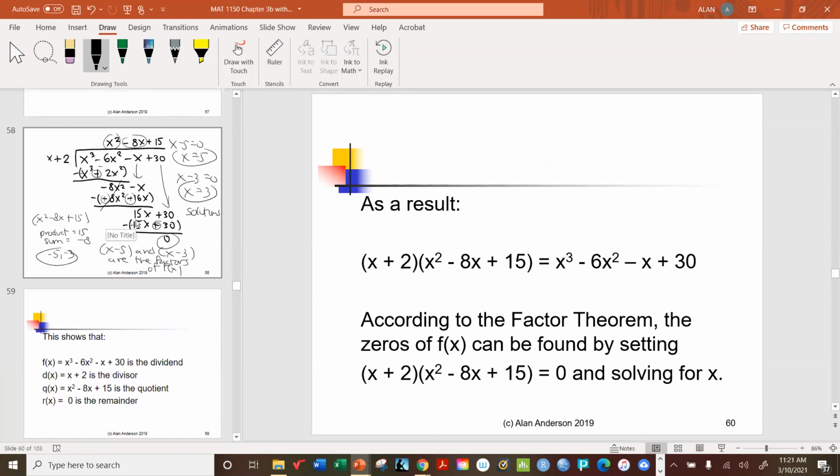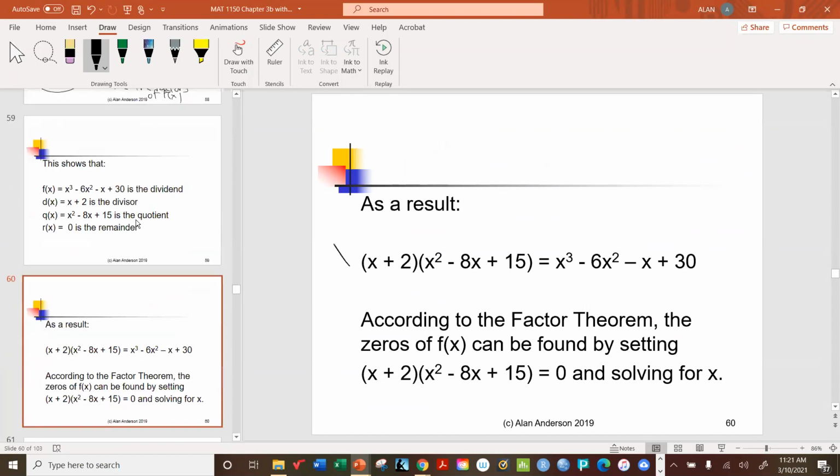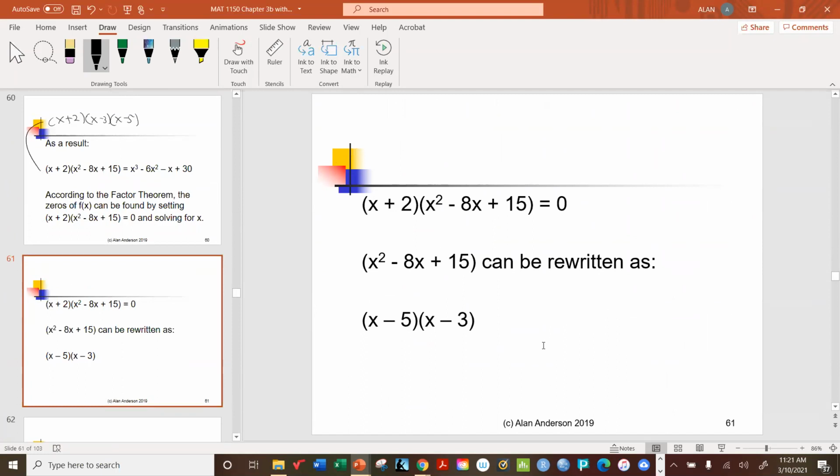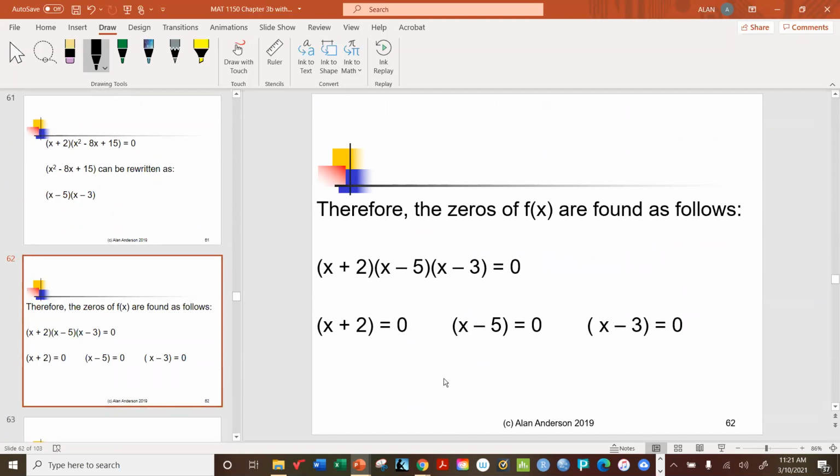Although you can write this now as x plus 2 times x minus 3 and x minus 5. But I don't know if we really need to do that. Let's see. Oh no, that's where it was going. Okay, we just jumped ahead a little bit. So yeah, there it is.